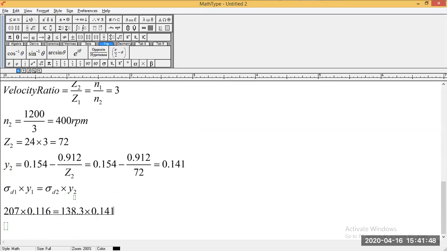Okay. How much is this? This is 24.012. What about the other one? This is obviously greater. So you're getting 19.50. So you're getting the value over here as the weaker member, right?